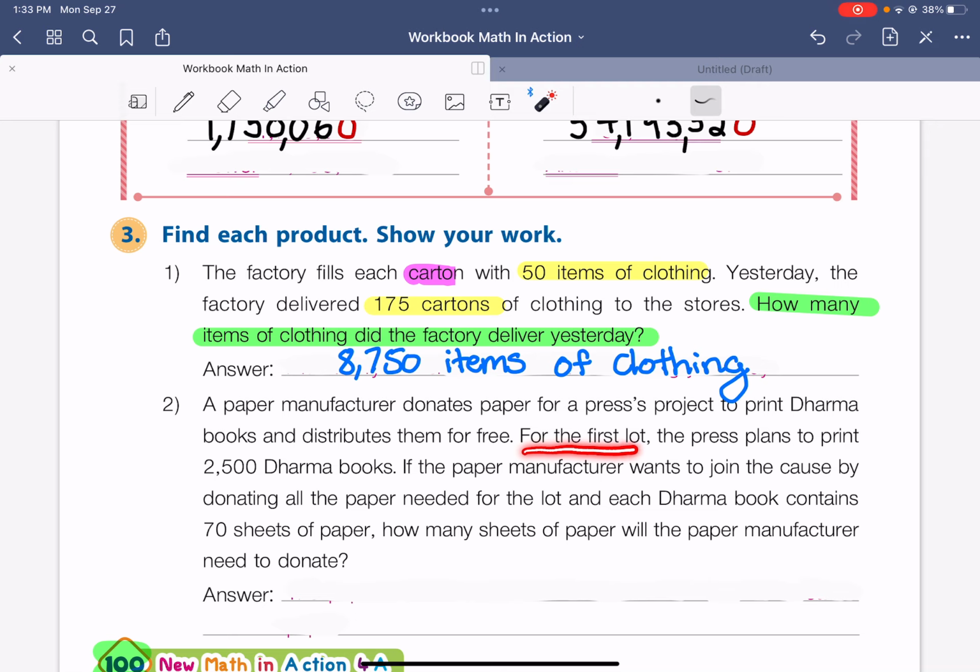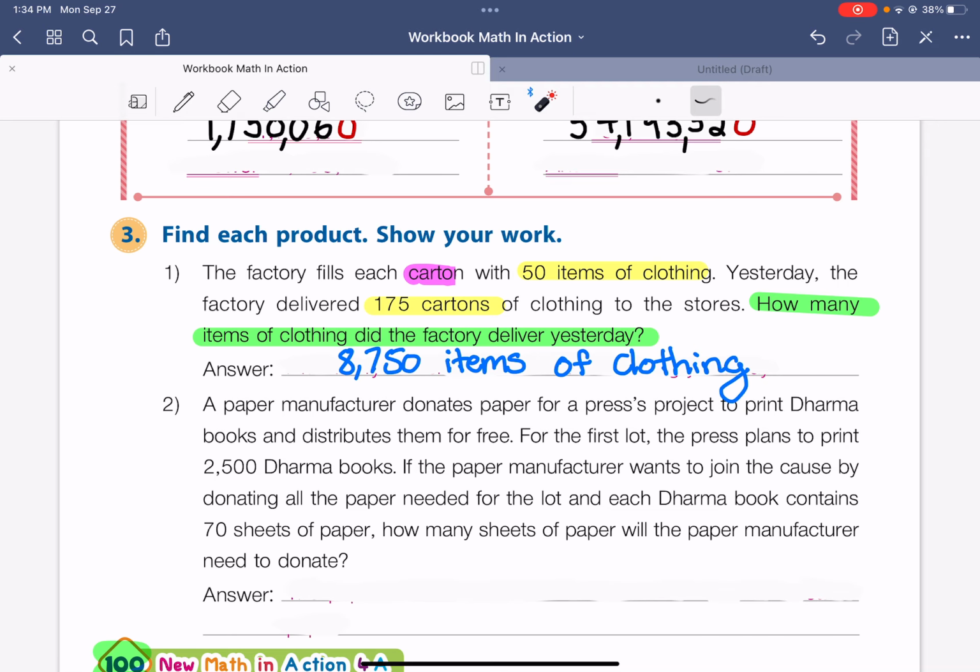For the first lot, press plans to print 2,500 Dharma books. If the paper manufacturer wants to join the cause by donating all the paper needed for the lot, and each Dharma book contains 70 sheets of paper, how many sheets of paper will the paper manufacturer need to donate?